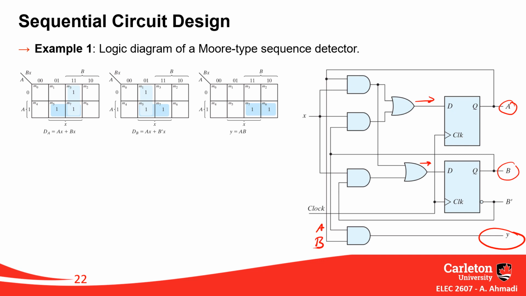So output is calculated only based on states, not input directly. Input changes the state, so your output is indirectly affected by input. Input changes the state, and states will change your output.